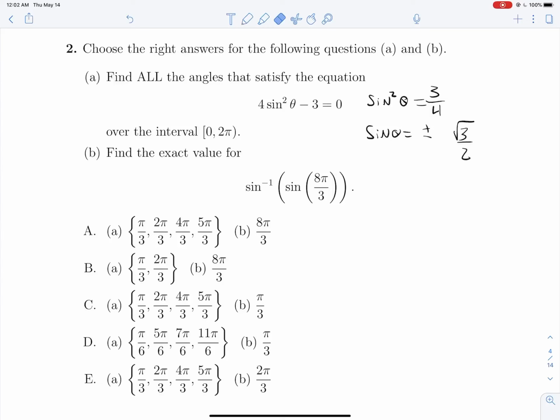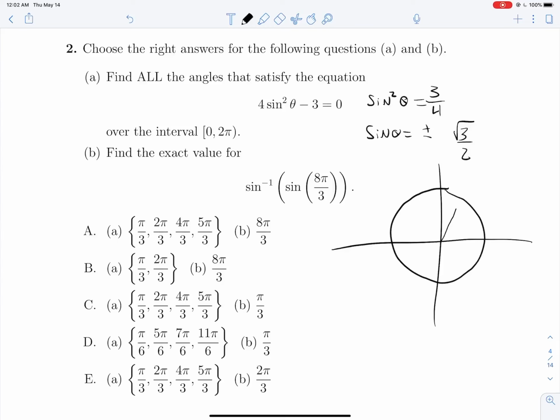And where is this the case? Well, if I draw out a really crude unit circle here, sine of theta is equal to plus or minus root 3 over 2, here at pi over 3, here at 2 pi over 3, and then I won't draw out those angles, but here at 4 pi over 3, and here at 5 pi over 3.